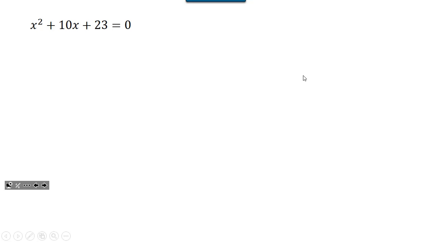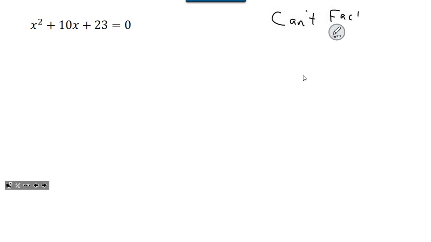If that were the situation, I'd have to be able to find two numbers that would multiply to give me positive 23 and add to give me positive 10. And there are not two numbers that I can find that are going to multiply to give me 23 and add to give me 10. So I cannot factor this trinomial. So that's out. So we can't factor it.